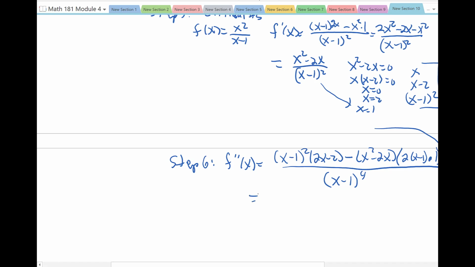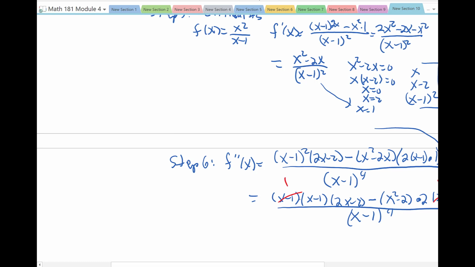So this is going to give us an x minus 1 times an x minus 1 times a 2x minus 2 minus the x squared minus 2x times 2 times x minus 1 over x minus 1 to the 4th power. And so I will divide out here and here, and makes this a cubic instead of a quartic.